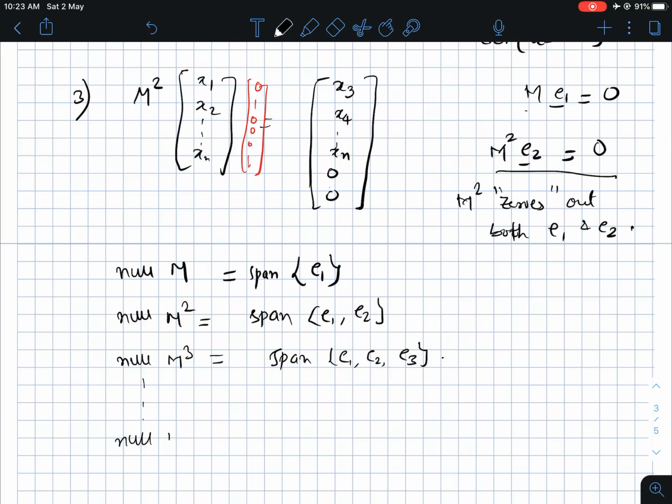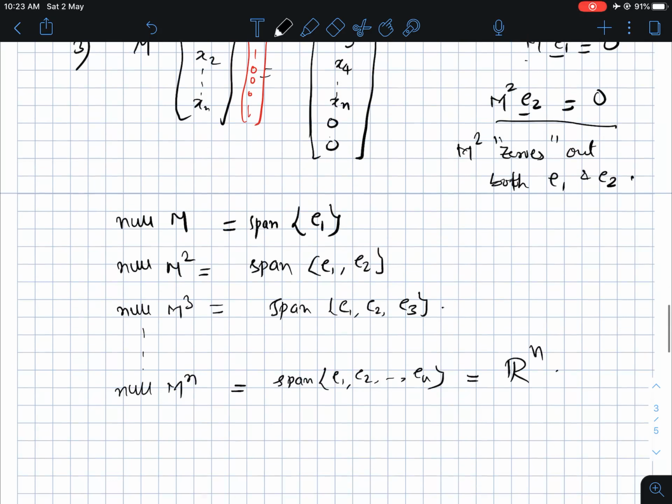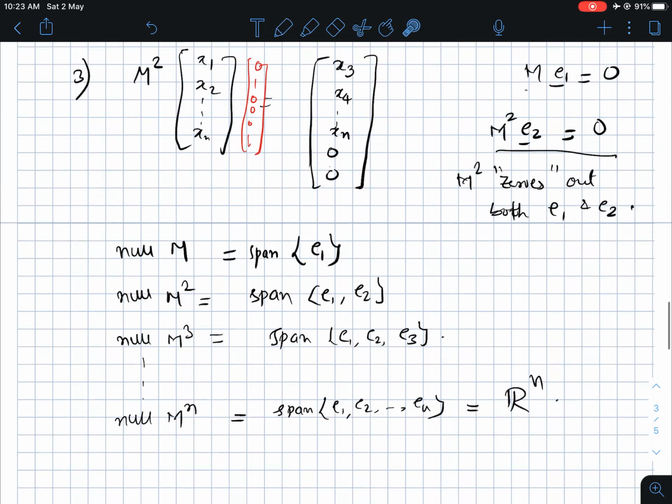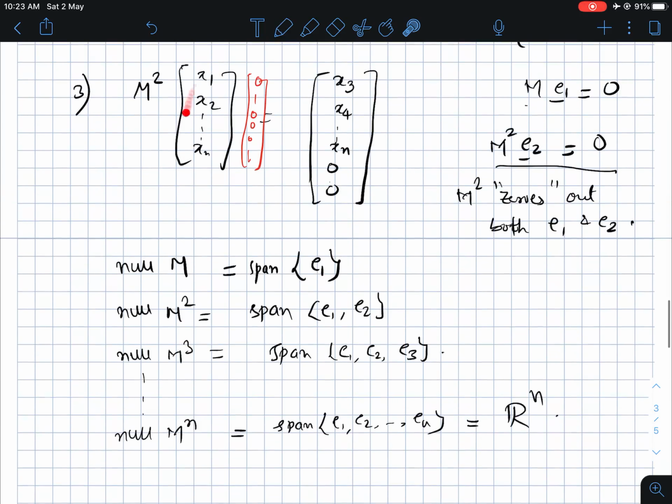Can someone tell me what will be the null space of m to the n? It will be the span of e1, e2 up to en, but that's just going to be the whole space Rn, correct? Because when you do m to the n, you're going to throw out the top n coordinates. In m you throw out the top coordinate, m square the top 2, m cube the top 3, m to the n the top n, all of them are gone.